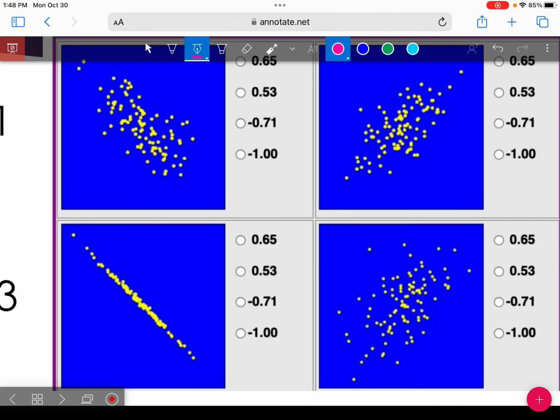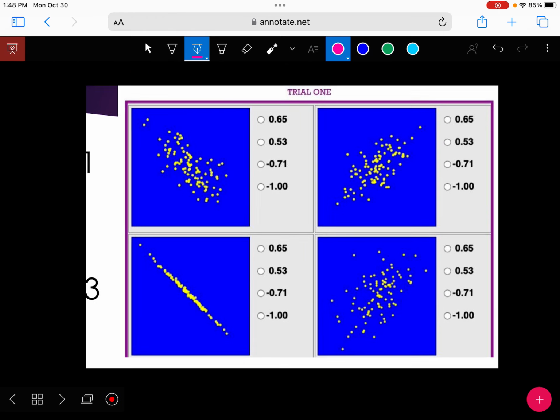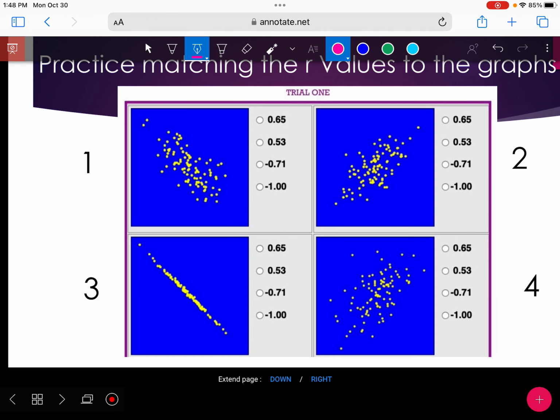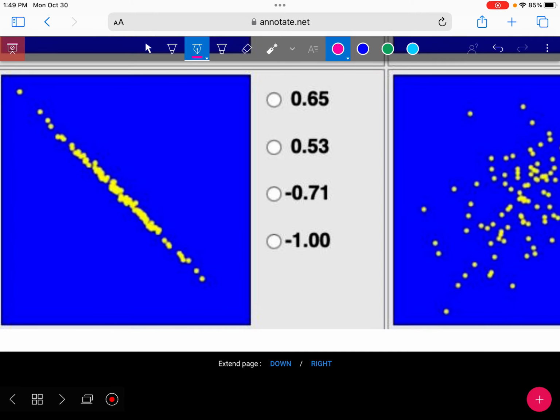So just to try it out, if we have positive 0.65, positive 0.53, negative 0.71, and negative 1, remember, the negative numbers have a down slope and the positive numbers have an up slope. So which of these is going to be really easy to spot first? The number 3. Which one of these values matches number 3 best?